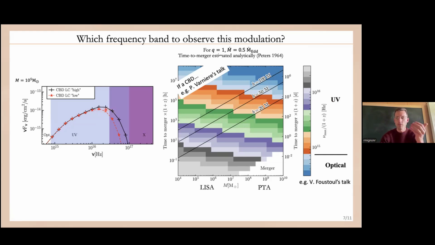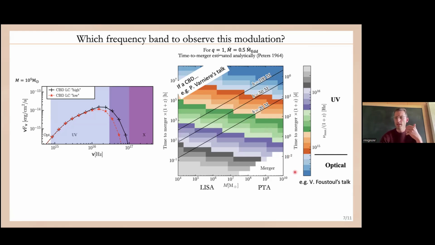Here, for these parameters, this is between the UV and the X-ray bands. But on the right, I show the optimal frequency to observe the lump modulation as a function of the binary black hole mass, from LISA sources to PTA sources, and as a function of the time to merger, or equivalently of the orbital separations.